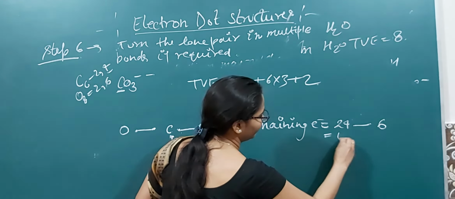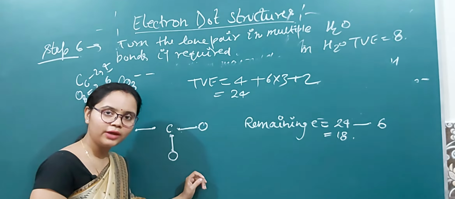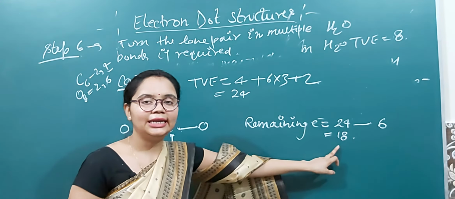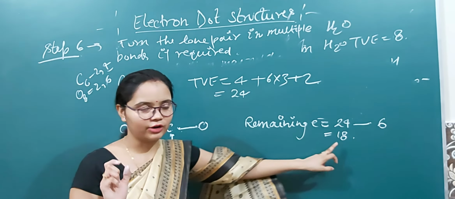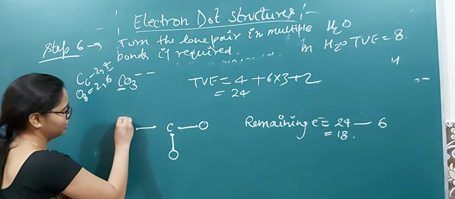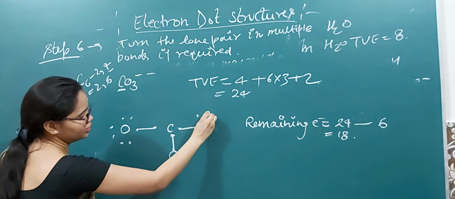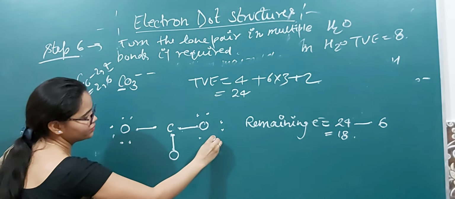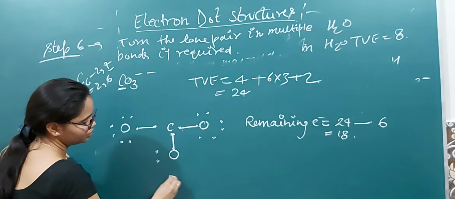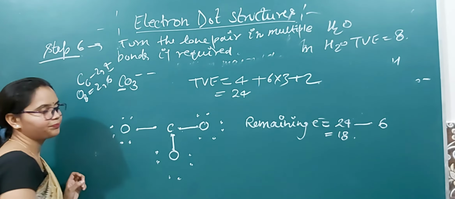So now we have only 18 electrons. Okay, and we have to put these 18 electrons as lone pairs of electrons. So let's do it. 1, 2, 3, 4, 5, 6. 1, 2, 3, 4, 5, 6. 1, 2, 3, 4, 5, 6.